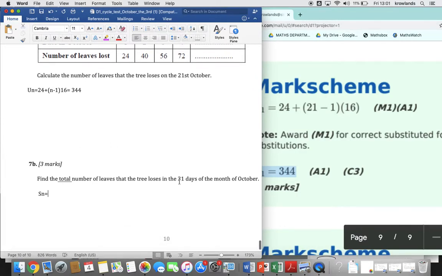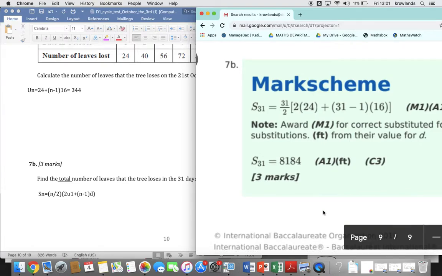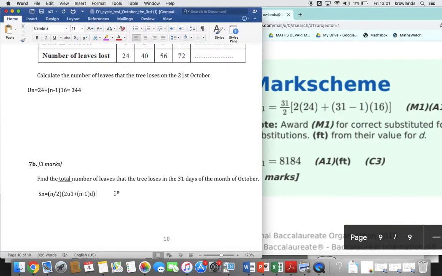right, I don't know how many leaves are in the final day, so I'm going to use the more complex formula. N divided by 2, 2 lots of U1 plus N minus 1D. There we go, there's the formula we want. We know that U1 is the first number of leaves that are lost, so U1 is 24.